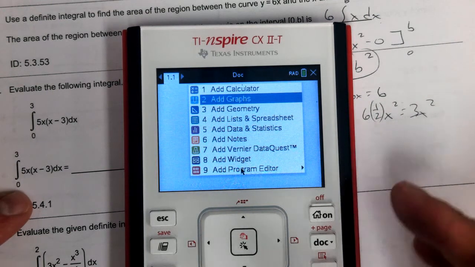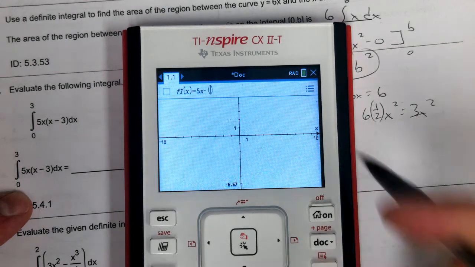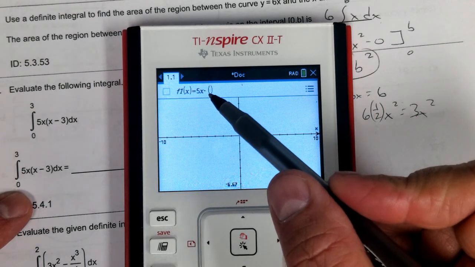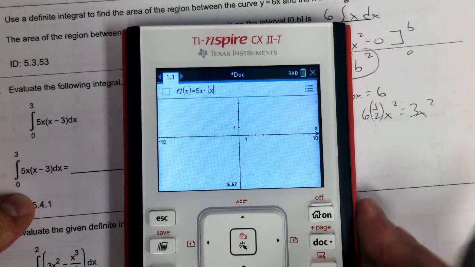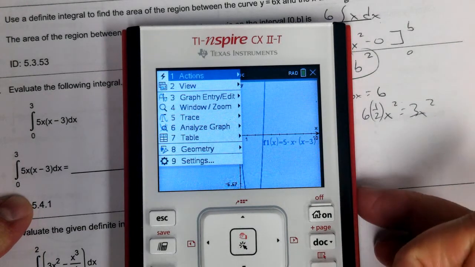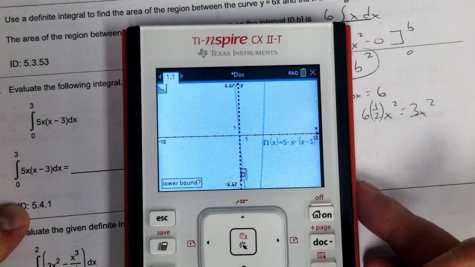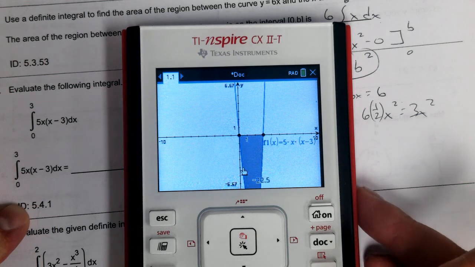Add graph. 5x times, so make sure you put that little times symbol, and we're going to have x minus 3 here, and then just analyze integral 0, enter 3, enter.